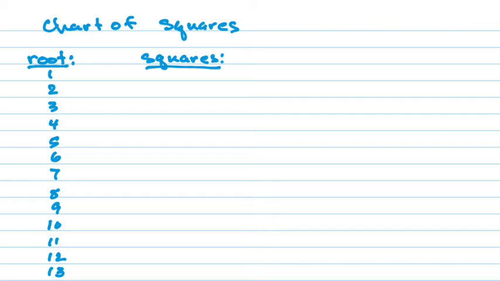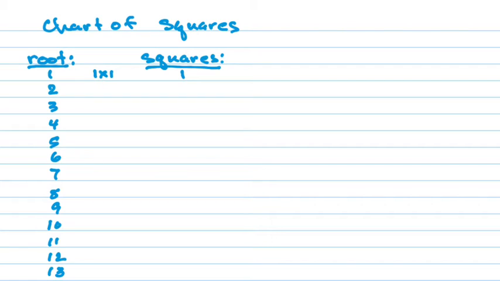So, going to get the squares. So the first one is 1 times 1, which is what? 1. So 1 is a perfect square. So it's the oddball because you multiplied some number times itself and you get exactly the same number you started with.